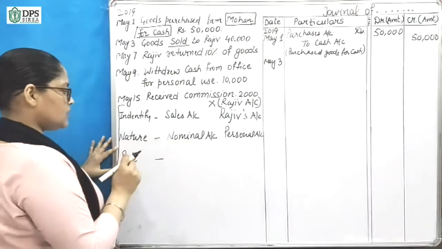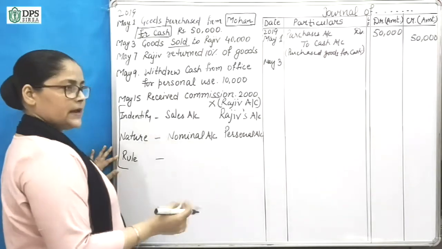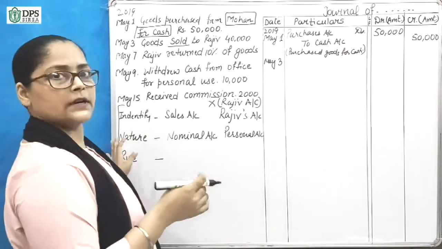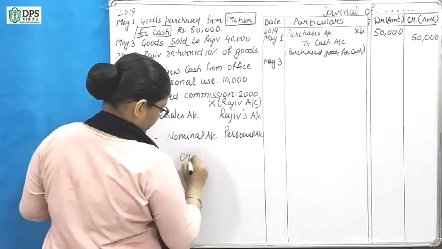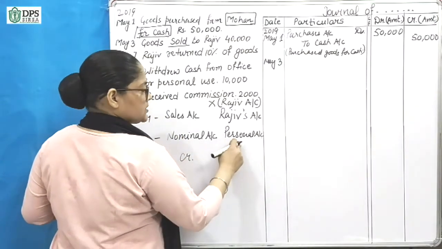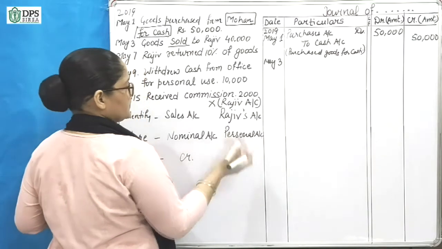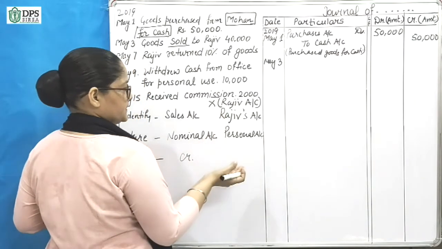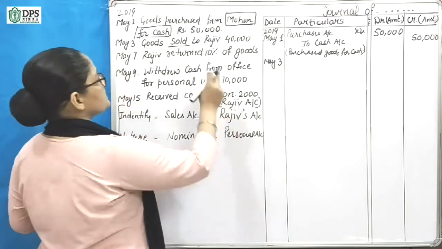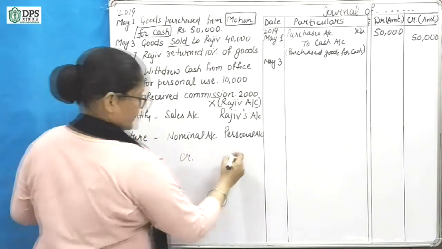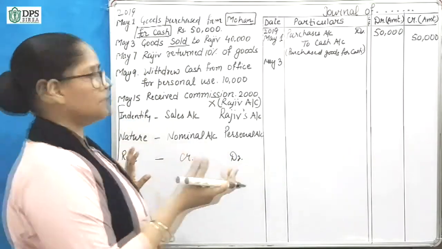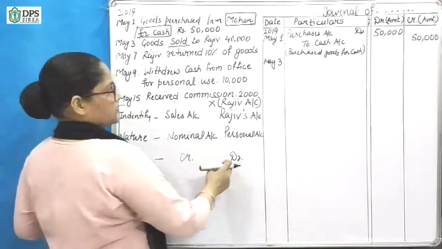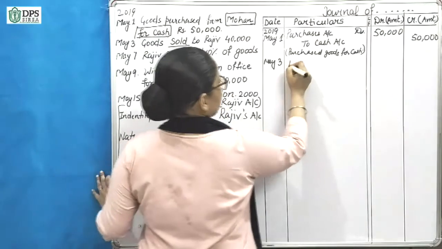Now the nominal account rule is debit all expenses, credit all incomes. Here sales is income, so it will be credited, and personal account says debit the receiver and credit the giver. So Rajiv is the receiver here because he is receiving goods, as we are selling him the goods.